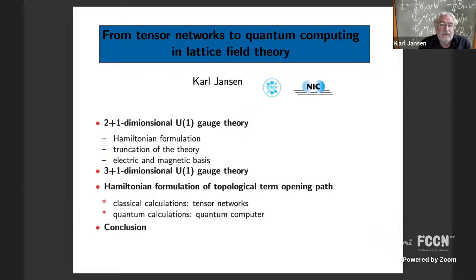Then I want to discuss the Hamiltonian formulation for the 3+1 dimensional U1 gauge theory. In particular, I will show you how you can formulate a topological term for the Hamiltonian in 3 space dimensions. Once we have this Hamiltonian formulation of the topological term, this opens the path for classical calculations, so tensor networks, and also quantum calculations on the quantum computer for topological questions.